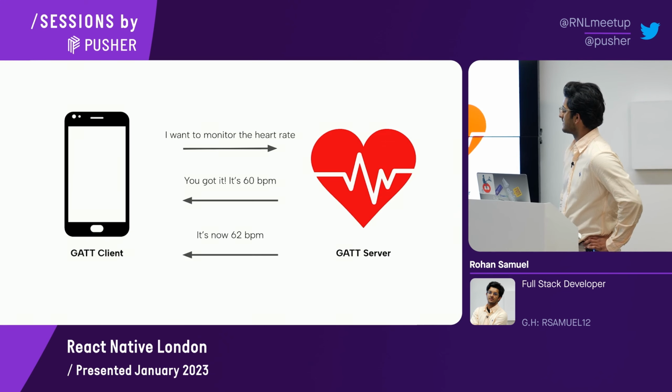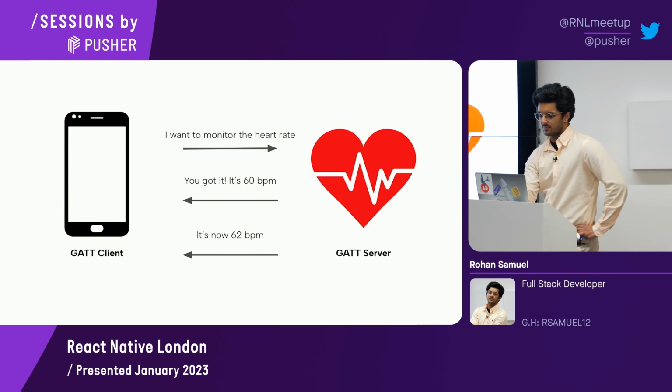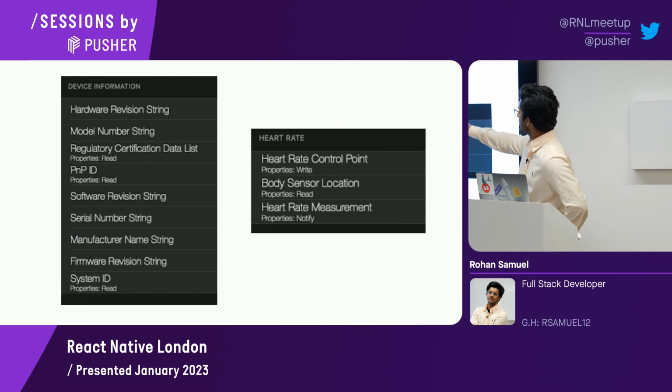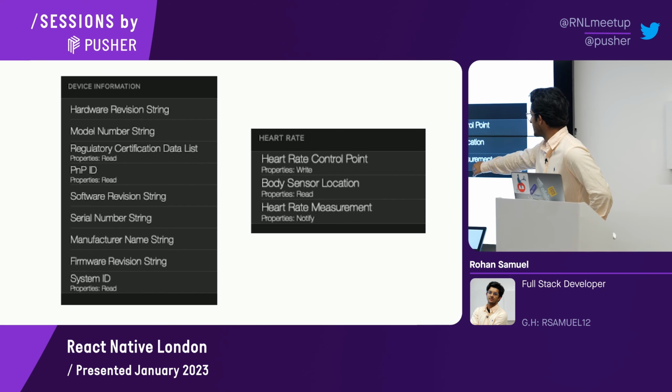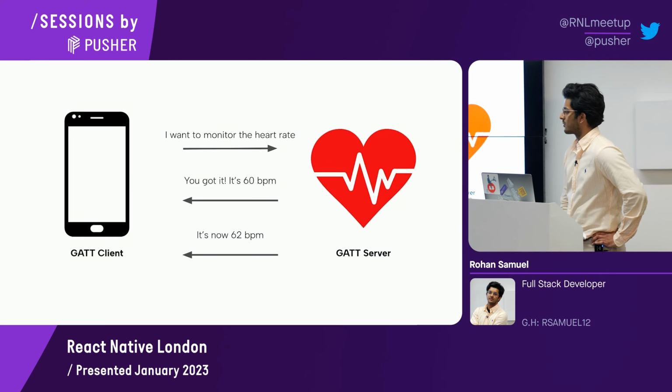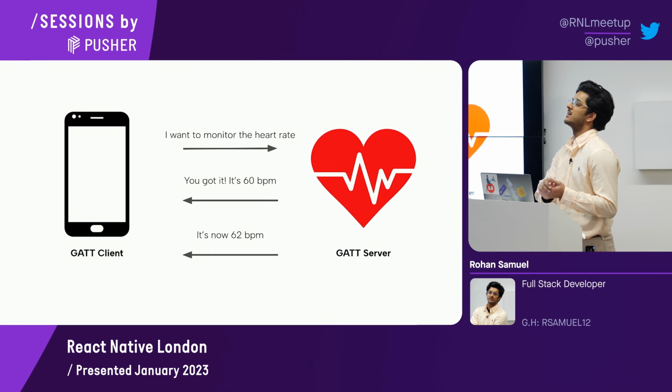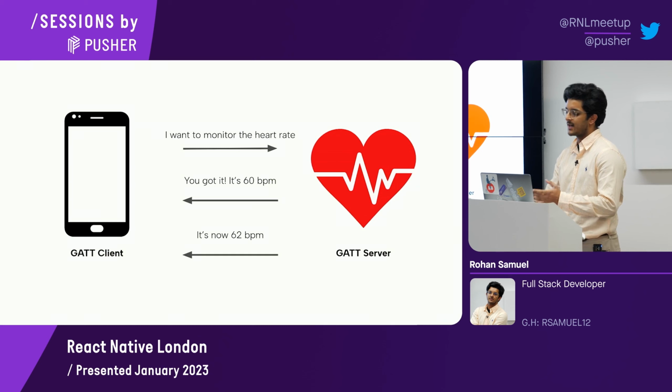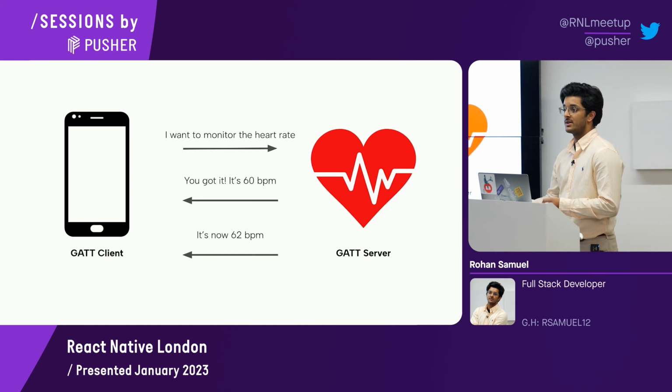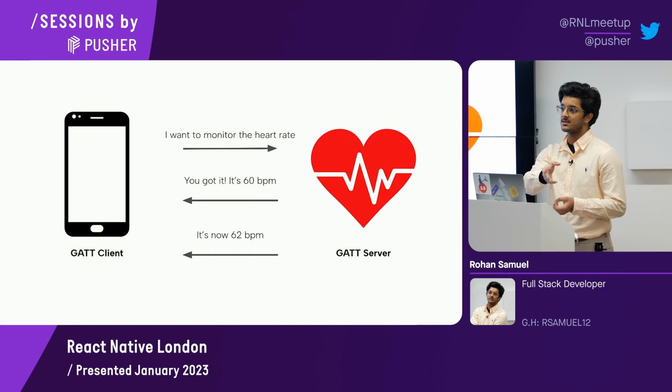And in the case of a notify characteristic, in the previous example, for the second service we've got the heart rate, and a property called notify here. To explain this a little more, the notify characteristic works similar to how a listener would work. You'd have some state, and if the state changes at any point, the new data would be sent to the client.